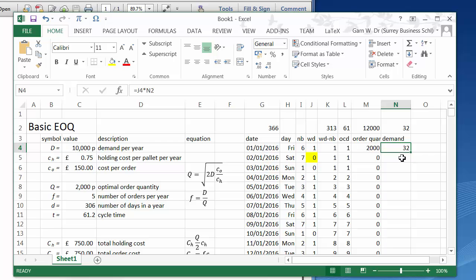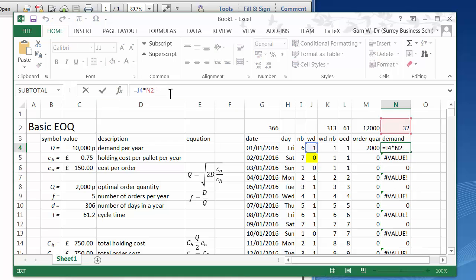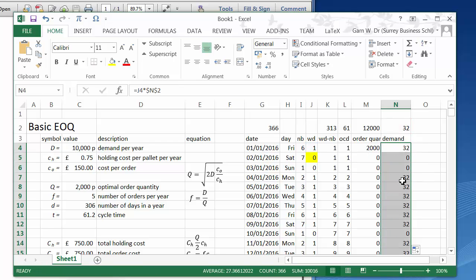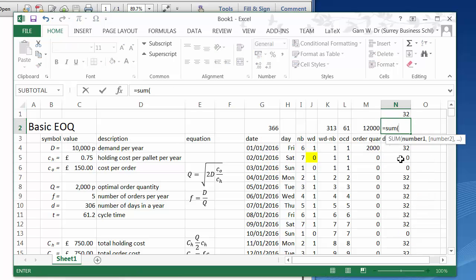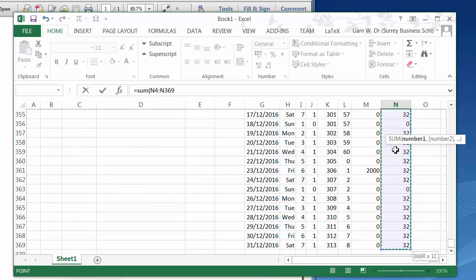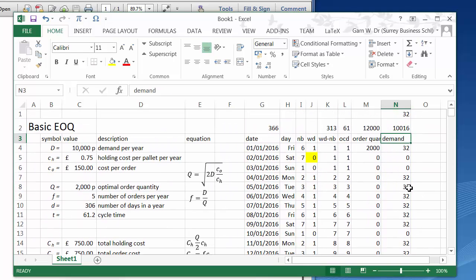On the bank holiday and Sunday we shouldn't have anything. Okay, what went wrong? No absolute cell reference. Here we go. And this gives us a total demand of 10,000.